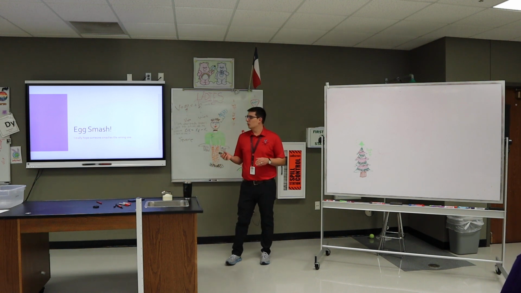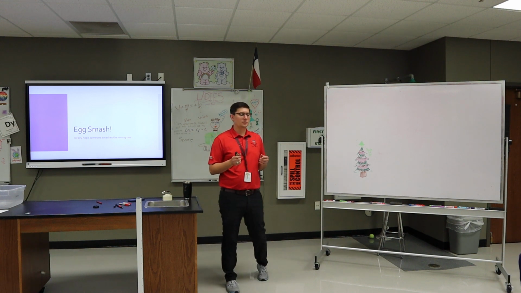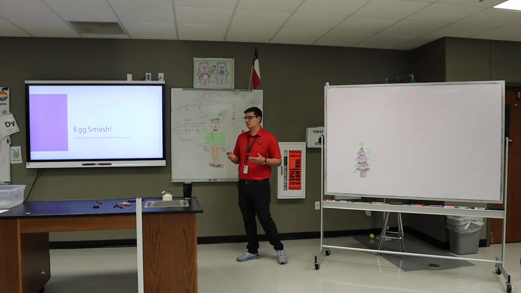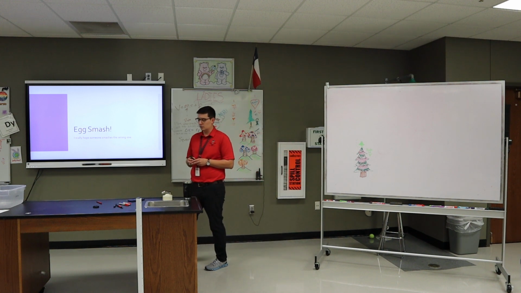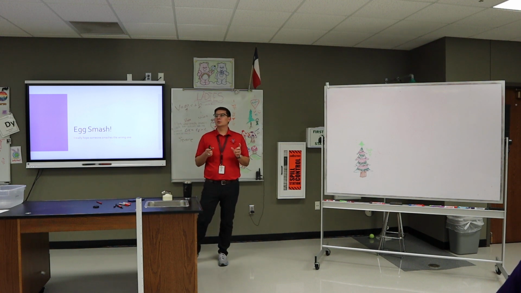All right. So normally, I would have started this lesson off by having you guys do an egg smash. I didn't do that because I wasn't going to. What I normally do is I give you two eggs, one that's boiled and one that is not.